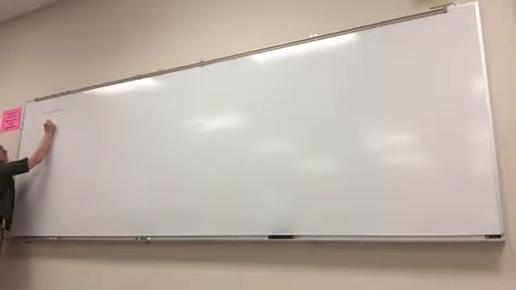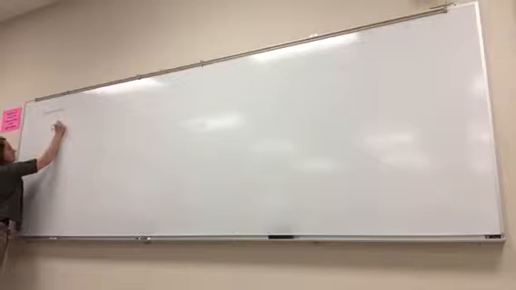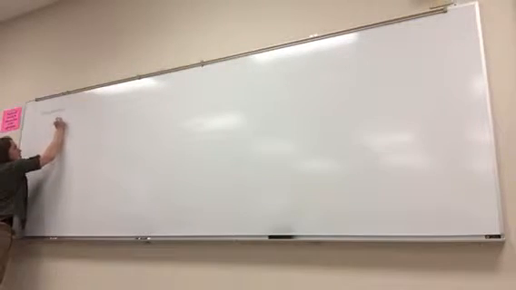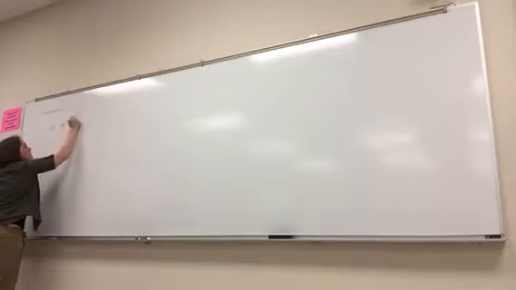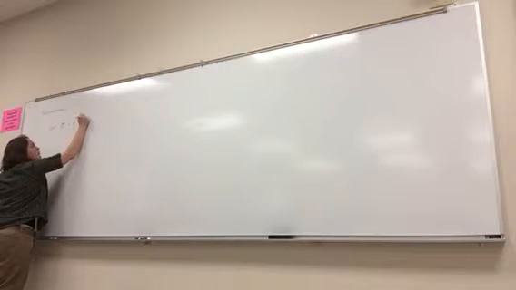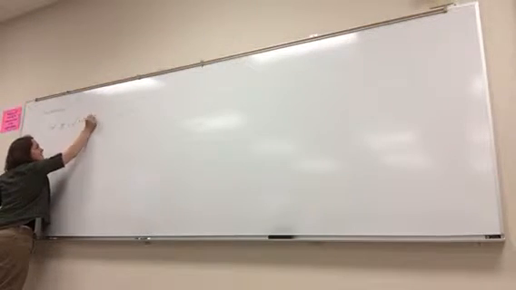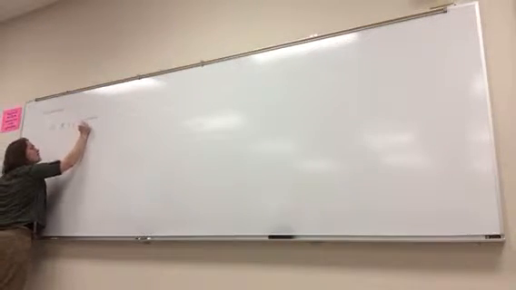So, for example, let T be defined to be the two functions, x equals r cosine theta, and y equals r sine theta. What two variables am I starting with? What variables do I begin with here?